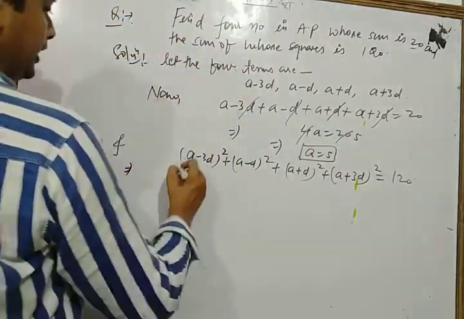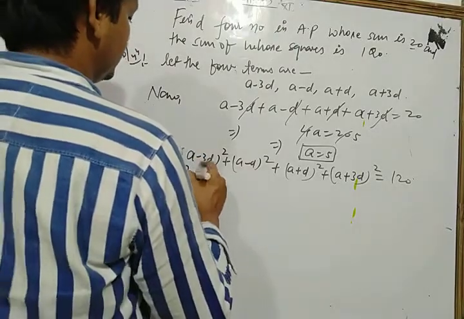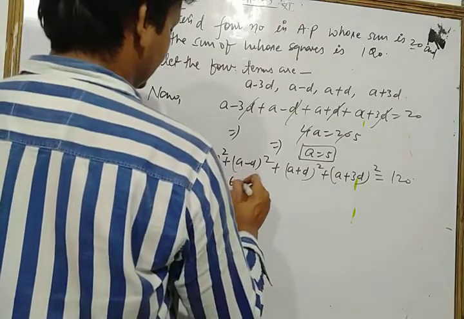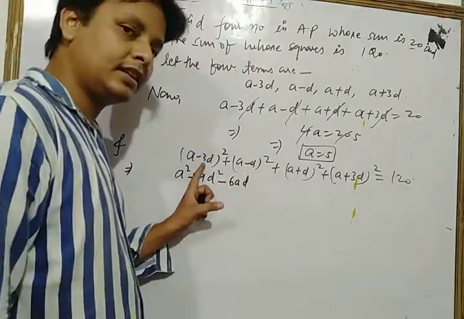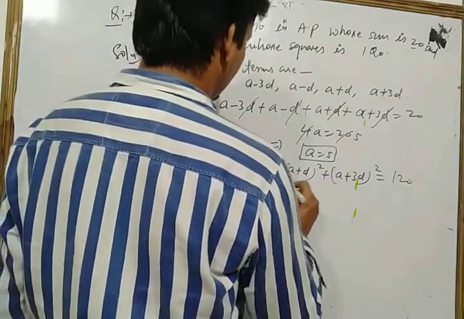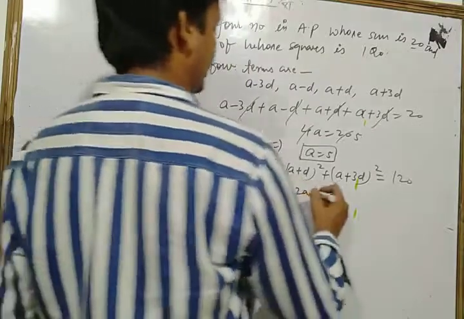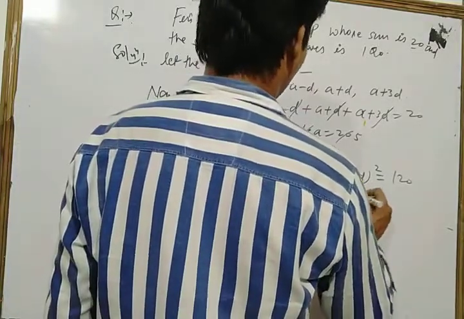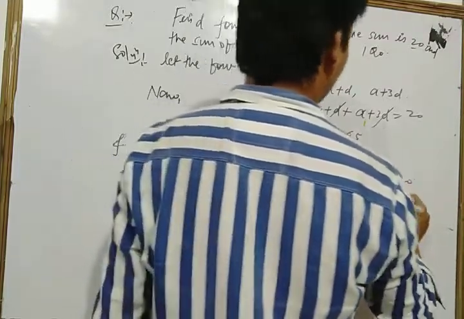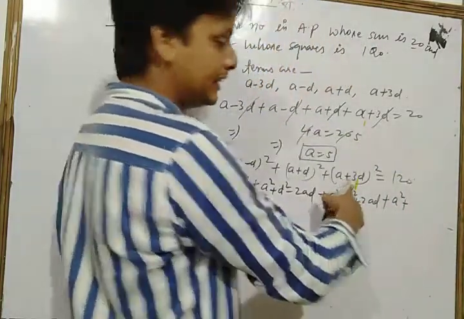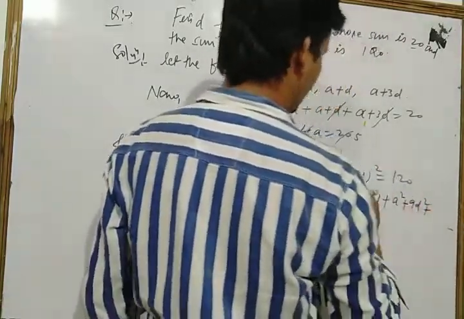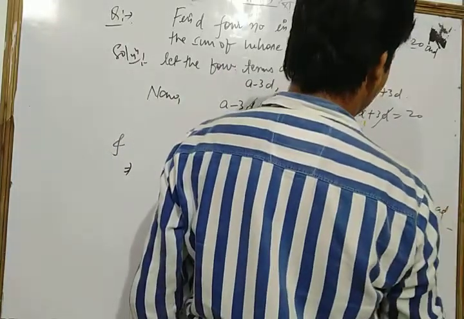We have a squared plus 9d squared minus 6ad, then a squared plus d squared minus 2ad, then a squared plus d squared plus 2ad, then a squared plus 9d squared plus 6ad.